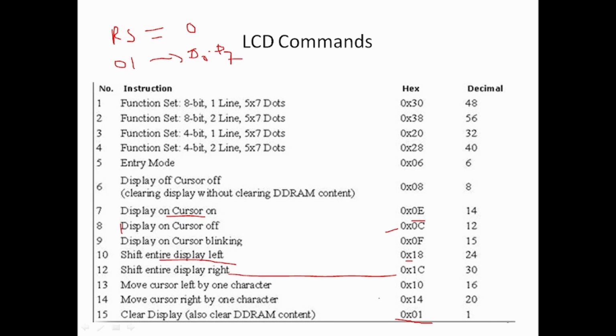Then after that we will develop a small project called a password protected system using two different modules. In my previous videos I have already discussed how to interface a keypad with the Raspberry Pi board, and in this video and the next video we will discuss the LCD, and then using these two modules we are going to develop a small project called a password protected system.